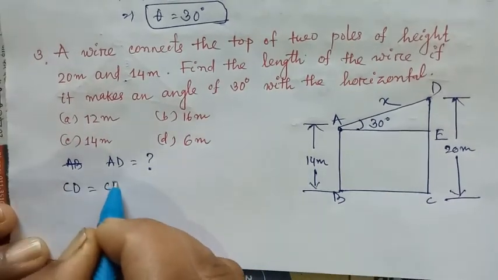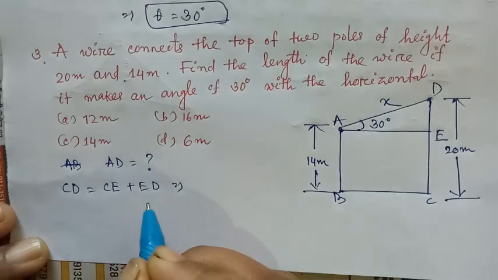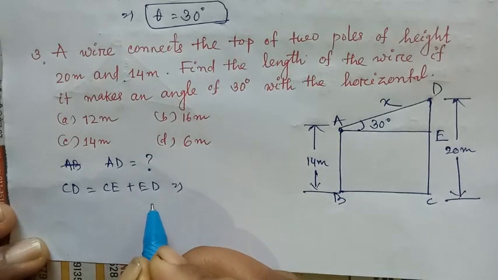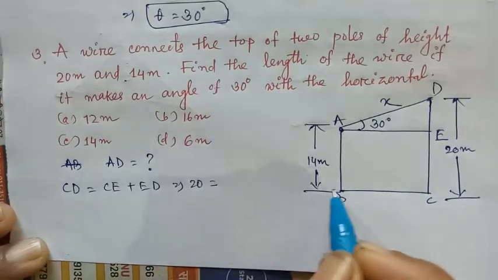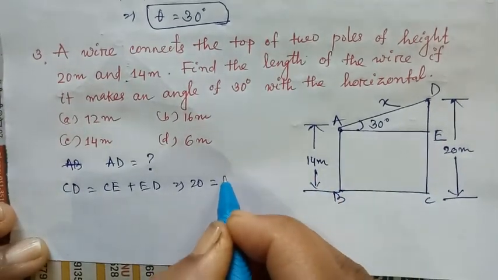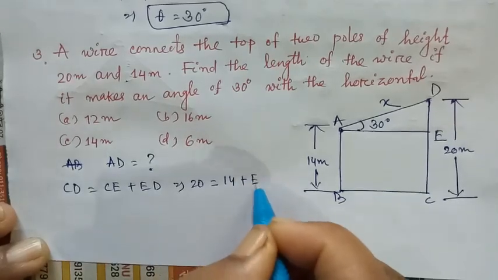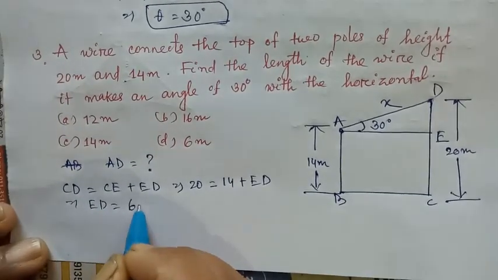CD is equal to CE plus ED. So CD is 20, equal to CE, and AB is equal to CE, which is 14, plus ED. From this we can calculate ED is equal to 6 meter.